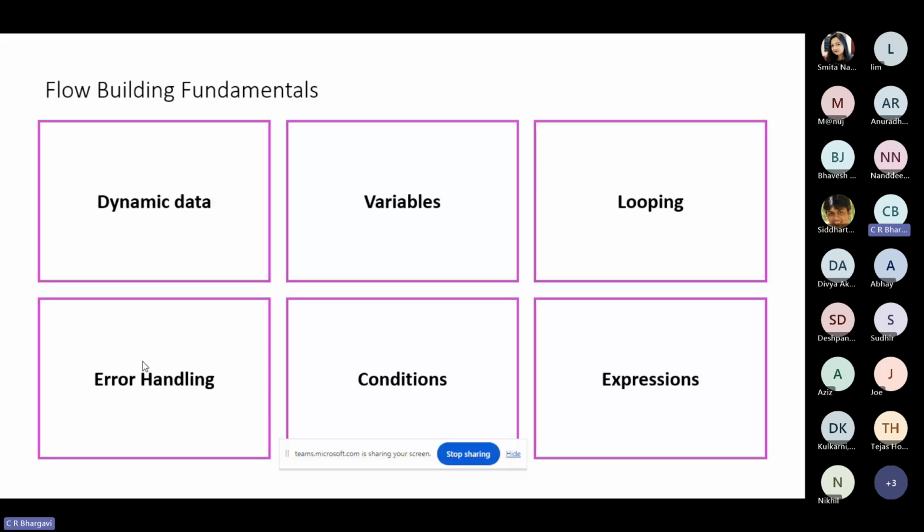So we would be adding conditions like that. We would also have expressions, where we add in SharePoint whatever data we need. We will be adding those expressions as part of the fundamental flow.